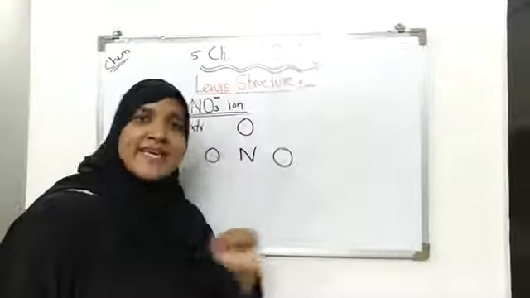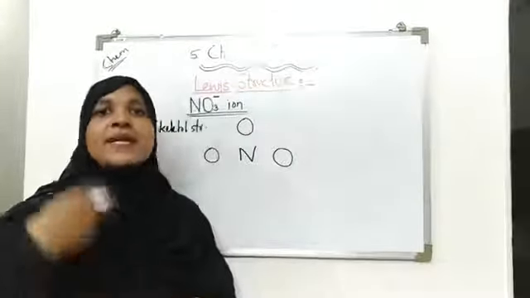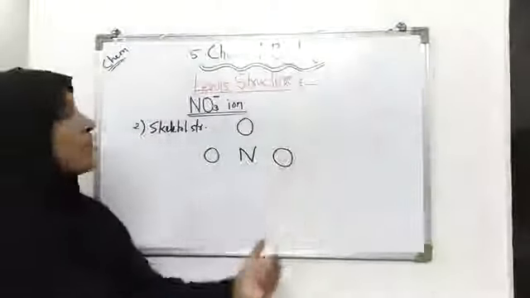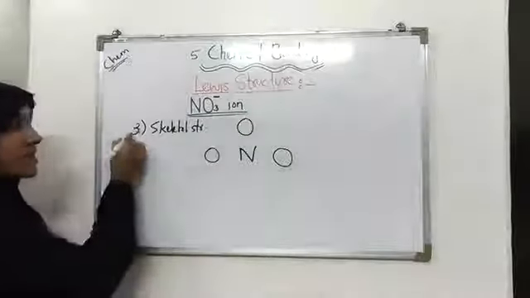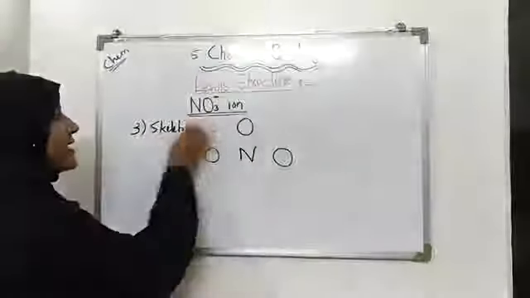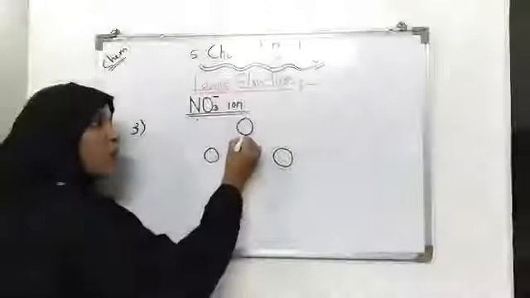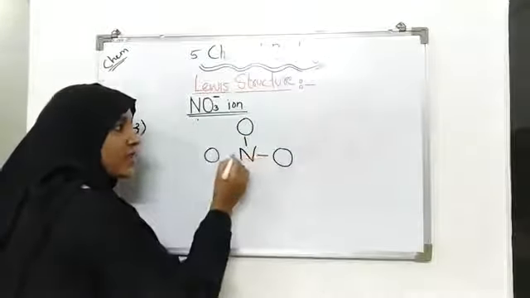This was your second step. Okay, now let's go to the third step. आप इसको सेपरेटली लिखना. अब मैं इसी में आपको थर्ड स्टेप बता रही हूँ. Your third step is to make a single bond. अब सिंगल बॉन्ड बनाएंगे हम लोग. 1 2 3.